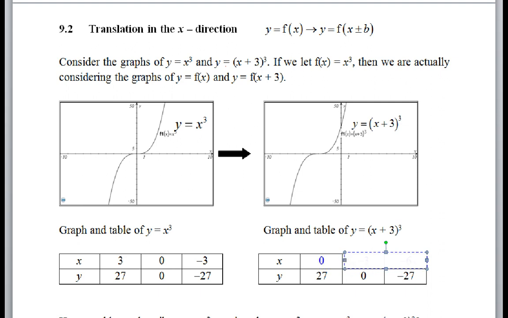In order to get y equals to 0 here, what do I get? I need to substitute x equals to negative 3. Of course, the rest you can find. Now, what is the observation here? The observation is very simple. Look here, this set of coordinates and this set of coordinates. What happens to that? Minus.